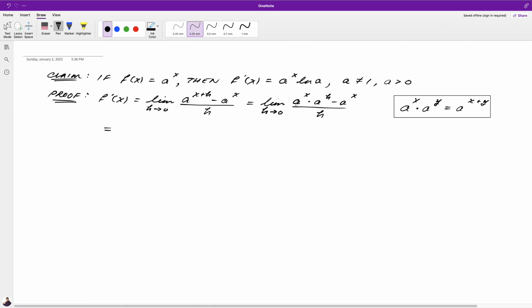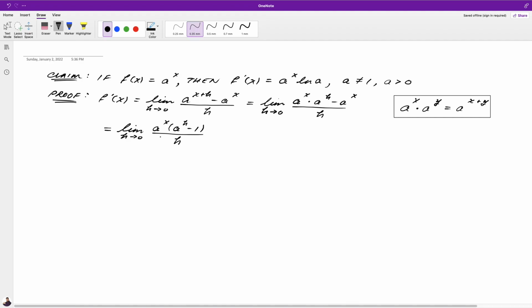Well, we can clearly factor an a to the x out of both terms here. So this is going to give us the limit as h trends to 0 of a to the x times the quantity a to the h minus 1, all of that divided by h.